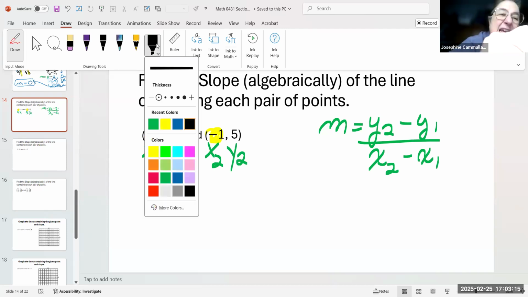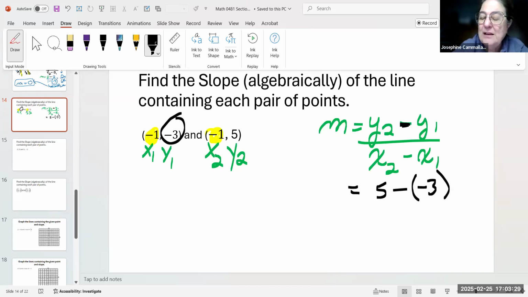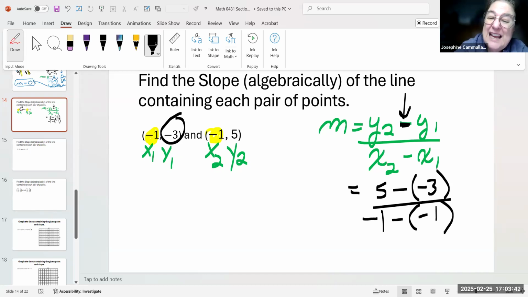Well, this is going to give me 5 minus, because remember, I can't lose this minus, but this value I'm putting in parentheses, -3. I don't want to lose this negative sign. But the bottom is -1 minus a -1. Again, I don't want to lose these negative signs.